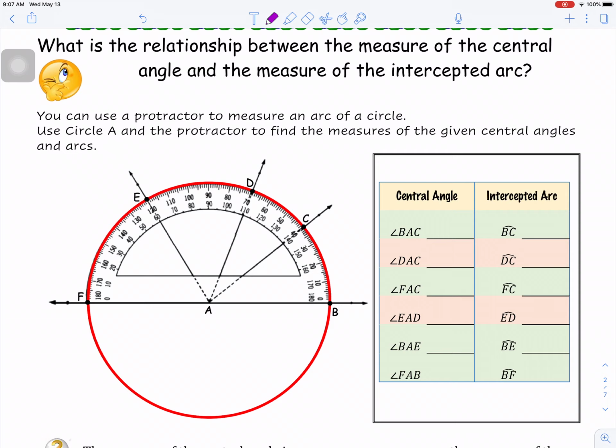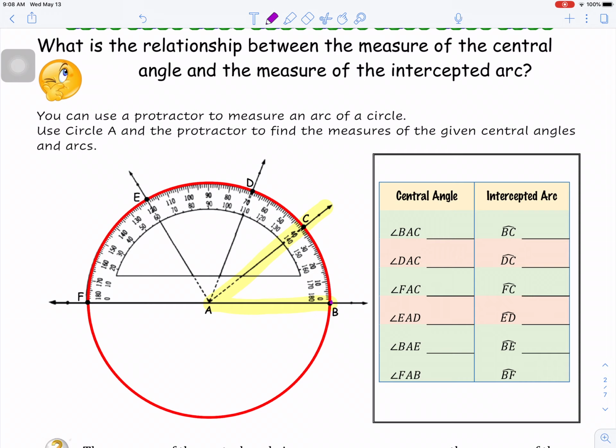All right, central angle BAC. So the first thing we have to do is find that. B to A to C. From B to A to C, how far is the protractor open? All right, so we look here. Now you'll notice two numbers when you use a protractor. We're starting at 0 here. We don't want to start at 180.